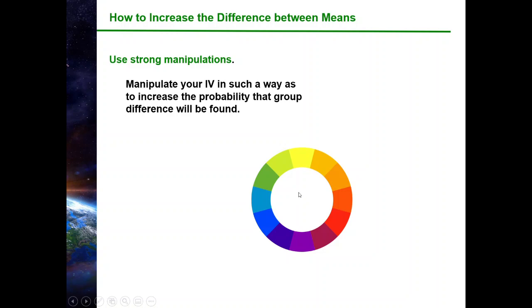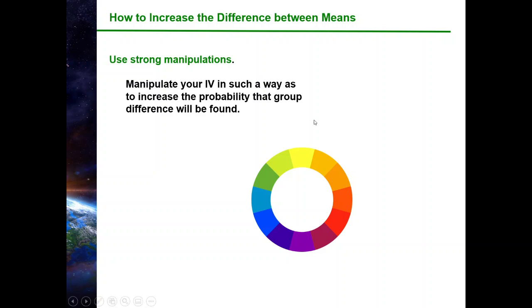Let's say we're interested in studying the effect of color on mood. Again, not being very creative here, because those studies have been done backwards and forwards. There have been a lot of studies on the effect of color on mood, but it fits well with what I'm trying to explain here.